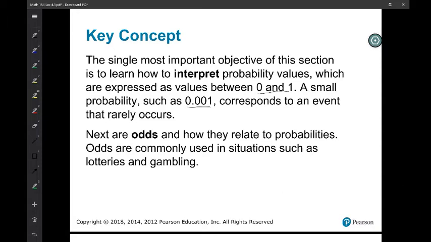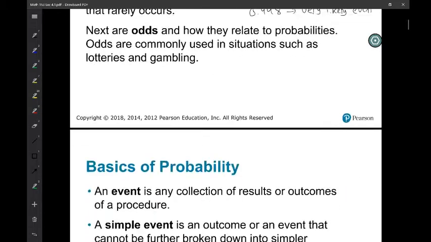A number such as 0.998 would be a very likely event. And we'll also talk about odds, which come up more often in lottery and gambling applications.